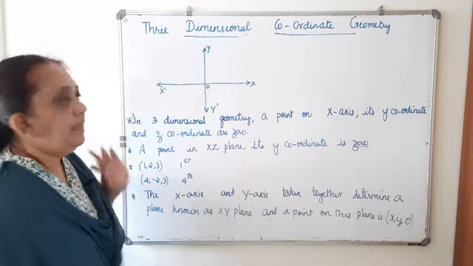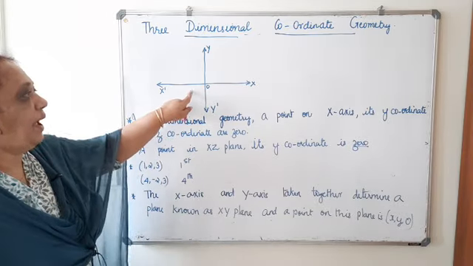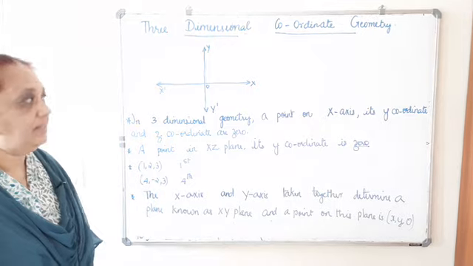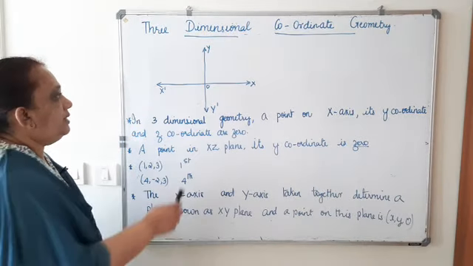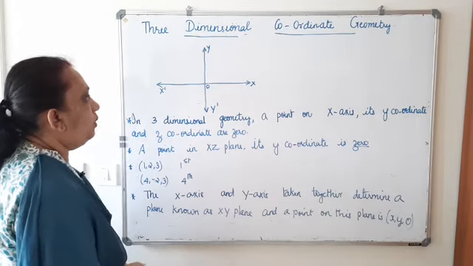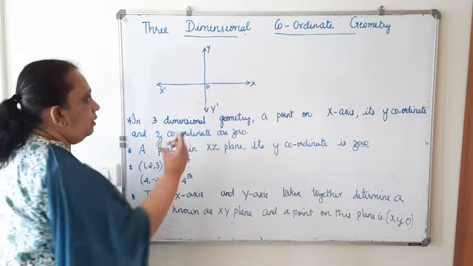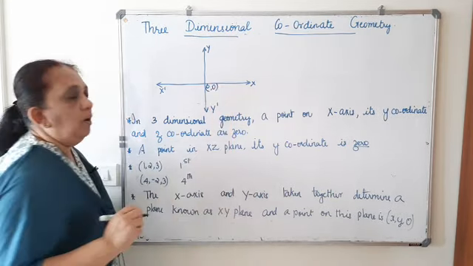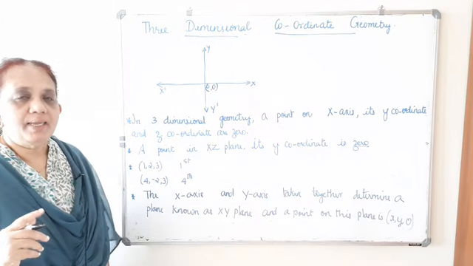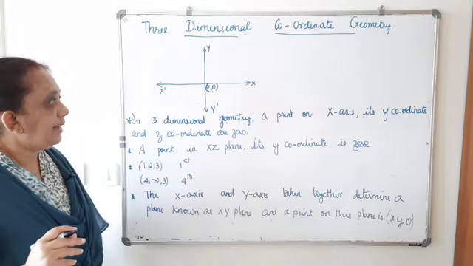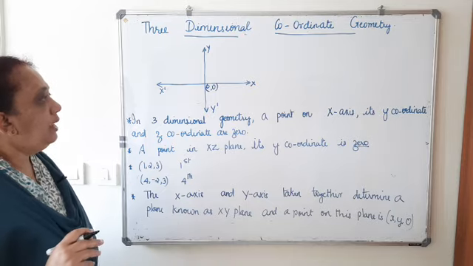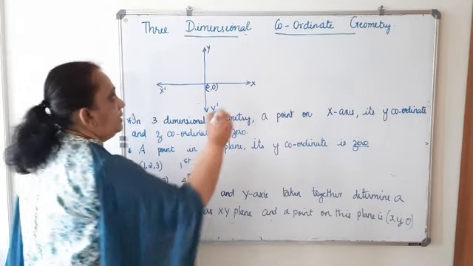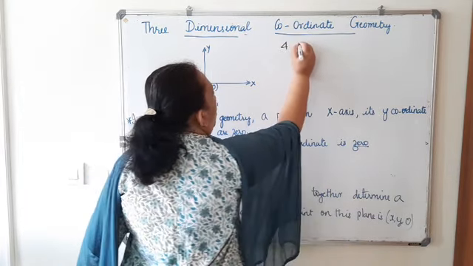the y-axis. These two axes are perpendicular to each other and they intersect at the point O, and that will be the origin. Origin is taken as 0, 0. Now, when these two lines intersect at the origin, you get four quadrants.